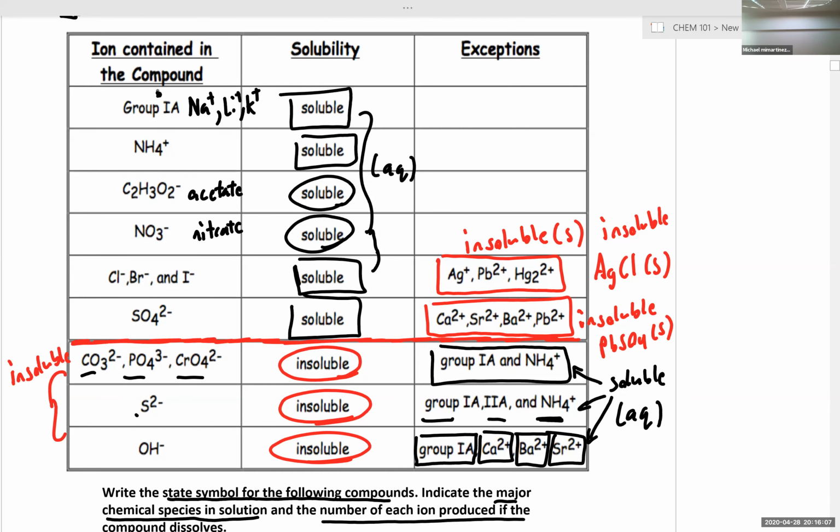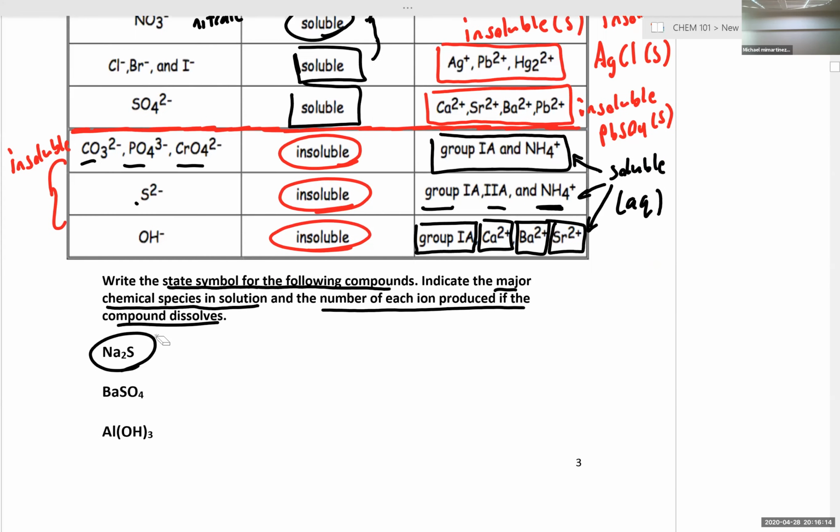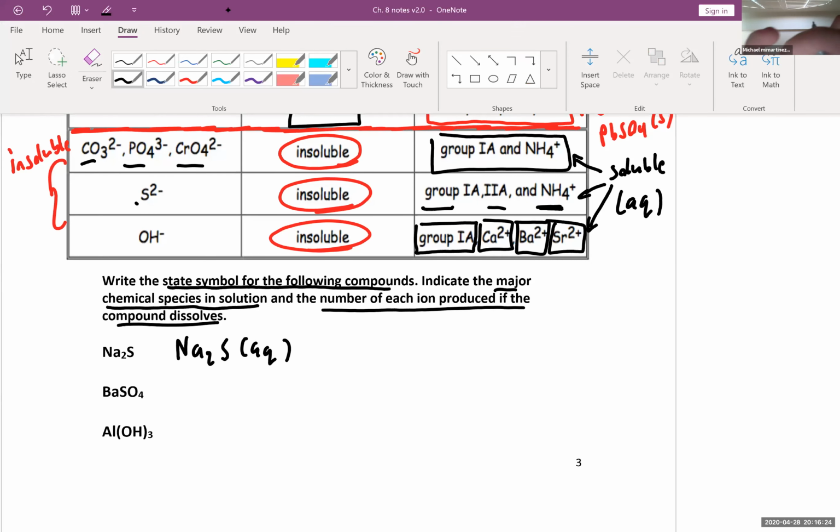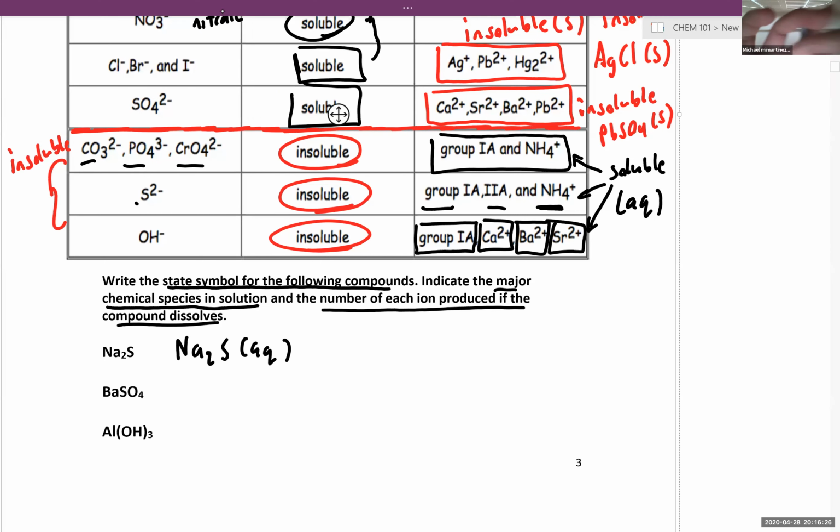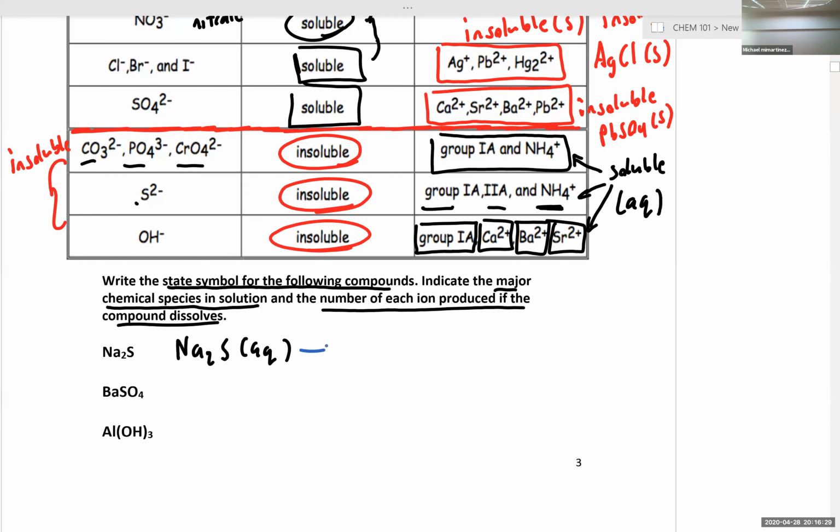So I go to my group 1A column and I see, lo and behold, these compounds are always soluble. Okay, so I'm going to take my sodium sulfide and put an aqueous symbol next to it. Okay, now I have to break it down into its component ions. Sodium sulfide breaks down into 2 sodium plus, reading off from our subscript, and 1 sulfide ion.